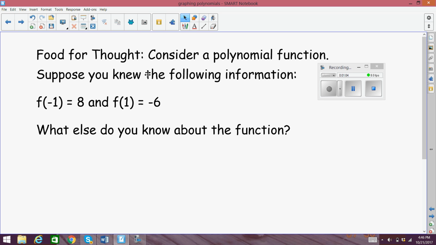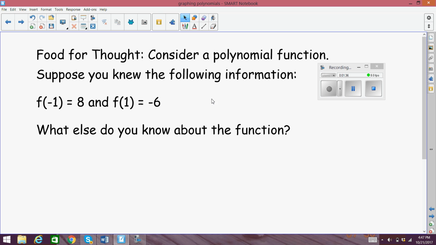All right? So I want you to think about something else. Let's say that on a graph, and you might even sketch these 2 points and then consider the graph between them, remembering that the domain of every polynomial function is all real numbers. So suppose that you knew that f of negative 1 equals 8 and f of 1 equals negative 6.